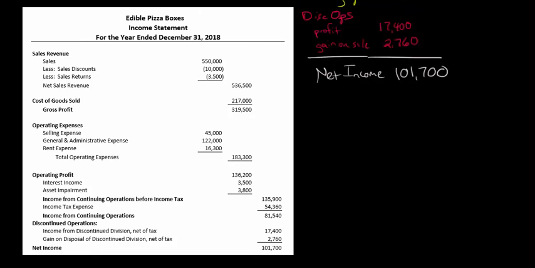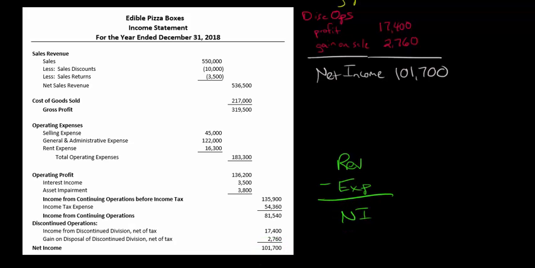Now, if you take a look at all the information that we get here compared to a single-step income statement. Remember, single-step income statement, we just say revenue, like all the different types of revenue, minus all the expenses, net income. Now, in each case, we get the same net income, right? So net income is no different.